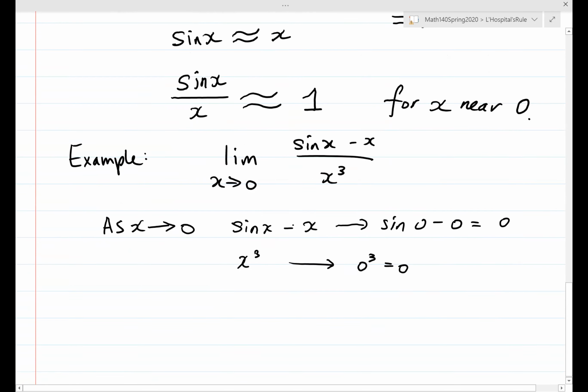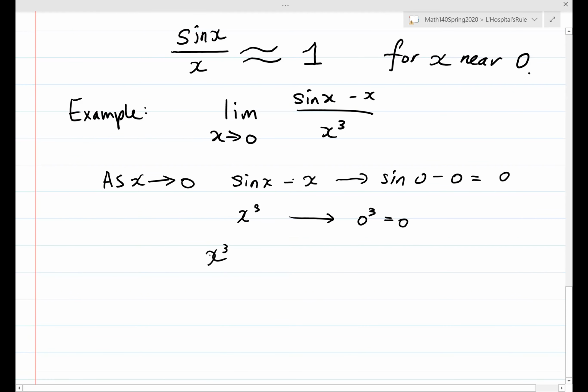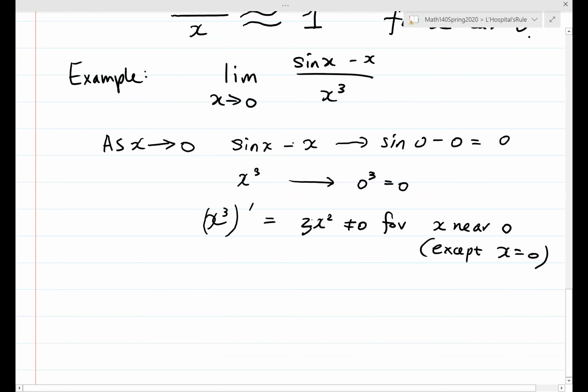The denominator x cubed has derivative 3x squared, which is non-zero for x near 0, except x equal to 0. So L'Hopital's rule applies, and we can apply L'Hopital's rule.